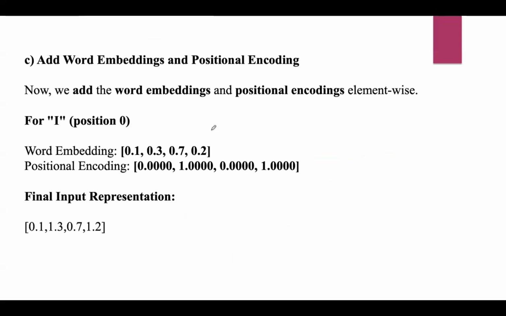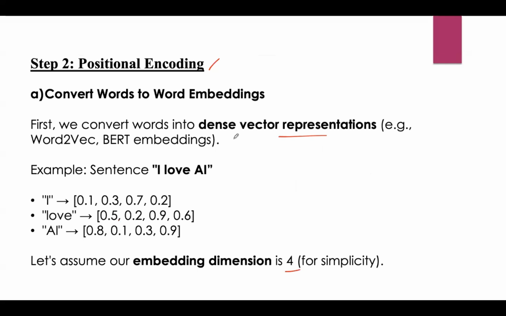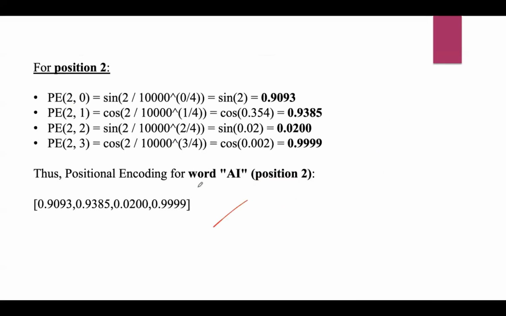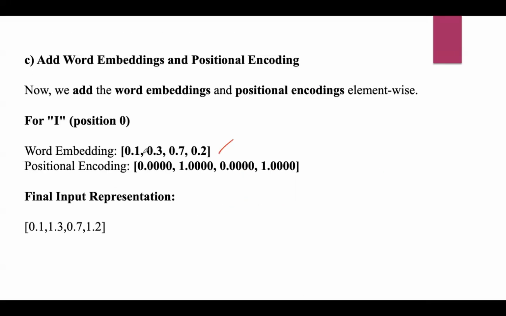And then we need to add the word embeddings as well as the positional encoding values. If you take the word I at position 0, we got the word embedding values like this. So these are the word embeddings: 0.1, 0.3, 0.7, and 0.2. Then the positional encodings which we got are these encodings for the word I at position 0.